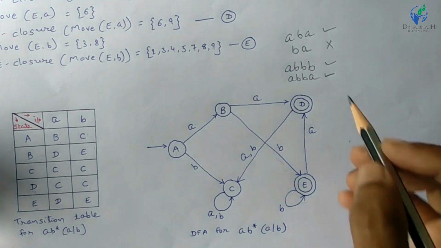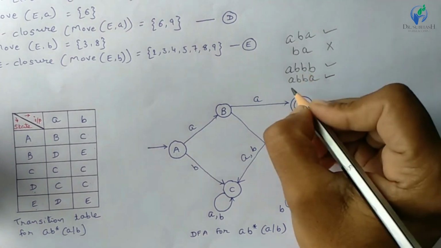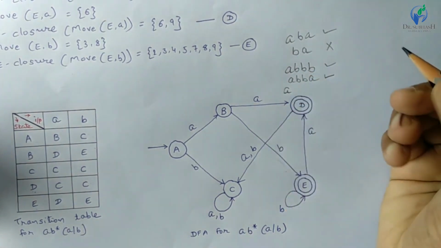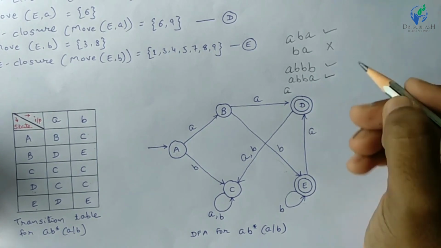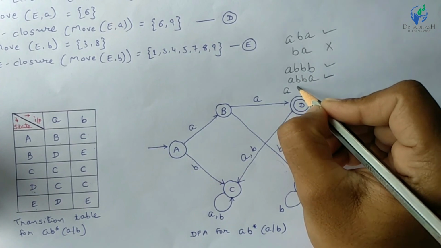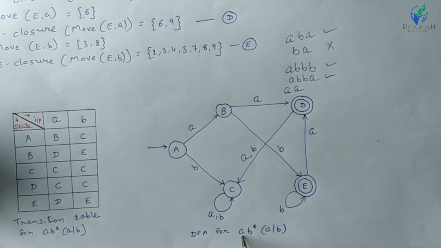So now you can check for any other string. For example, I can write A. Is it valid or not?